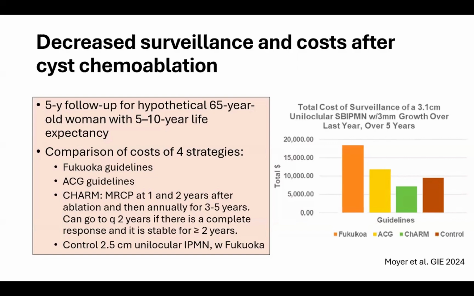And they compare it with the Fukuoka ACG guidelines, and even a Fukuoka guideline if the cyst was small. And they found that by doing chemoablation, you are really decreasing the frequency and the amount of surveillance on these patients. Now, aspects that haven't been measured are, for example, the stress and anxiety of the patients that frequently we see in our clinics, and they really don't like going through this surveillance process and knowing that they live with a cyst and with a risk of pancreatic cancer.